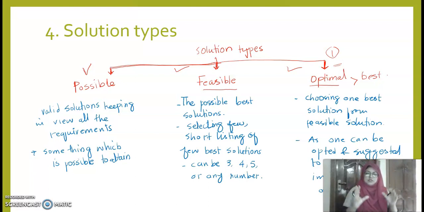So on the basis of these criteria, you select 1, 2, 3, 4 universities and make a list of them. This is a feasible solution.